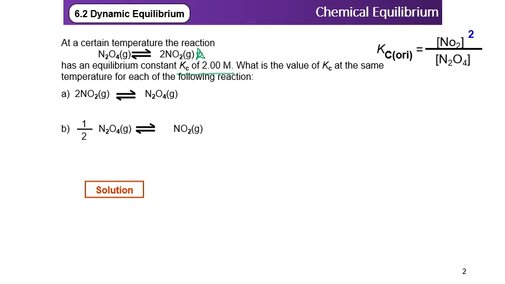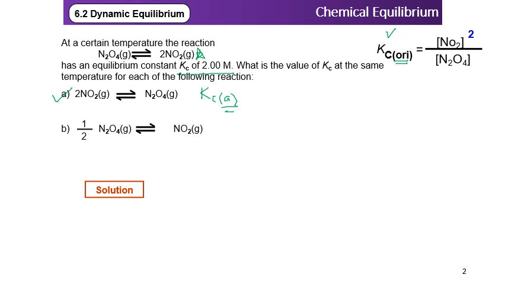After I write the Kc expression, I consider this one as the Kc expression for the original equation. Now I am going to write the Kc expression for equation A, which I label like this. I put A here so that I will not get confused.